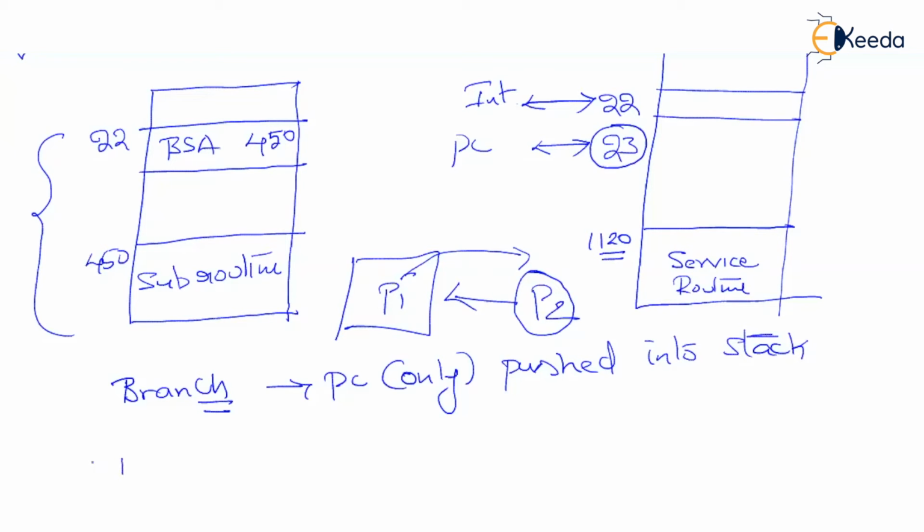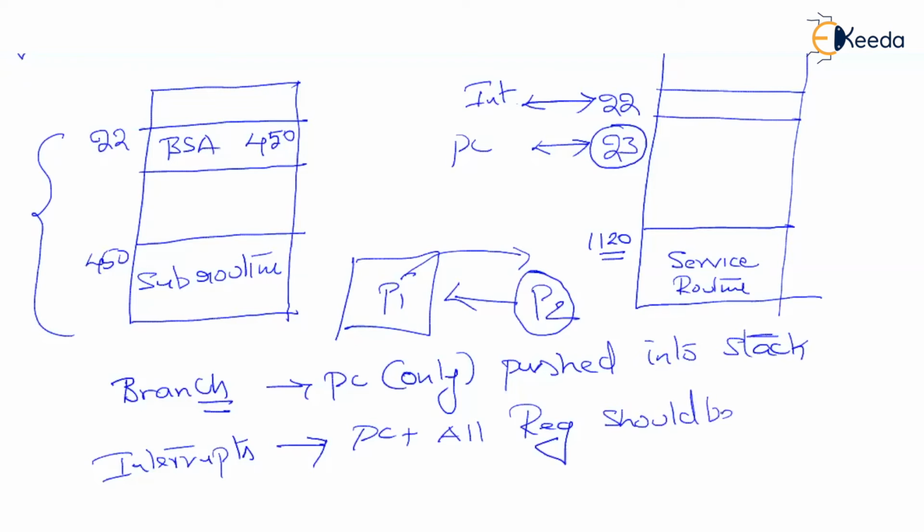But during interrupts, one more program is coming in, one program is going out. So P1 should completely come out, P2 should completely get in. For that reason, the PC plus all registers should be saved in memory.